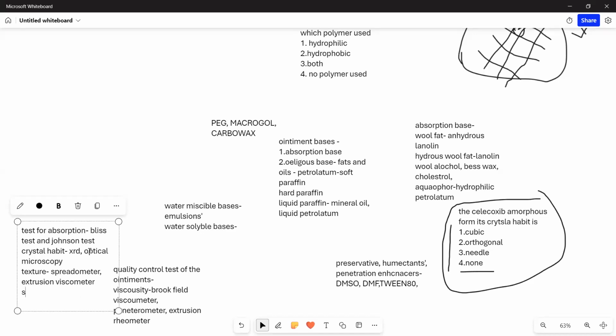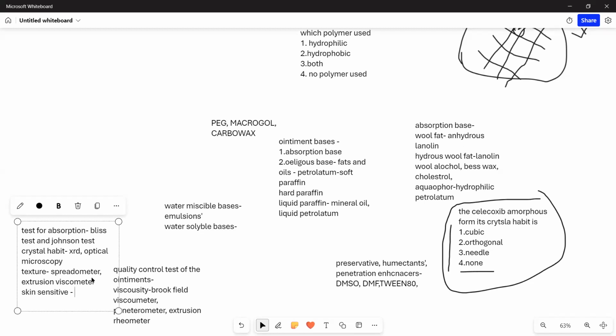For the skin sensitivity, guys, could you remember which test is done? Patch test, yeah, but I want the specific name.